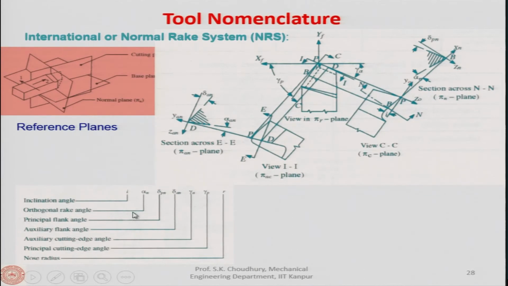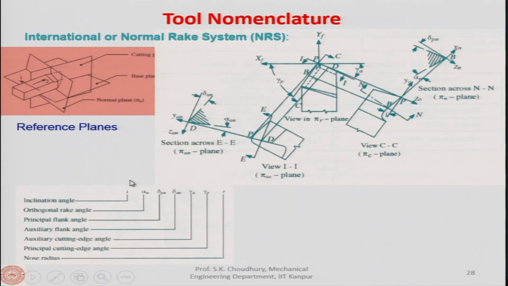This is the principal normal flank angle, this is the auxiliary normal flank angle, this is the auxiliary cutting edge angle, this is the principal cutting edge angle, and this is the nose radius, which is also given in millimeter because it is in the international system. So, exactly in this sequence the angles are defined, and you have to read according to this sequence.